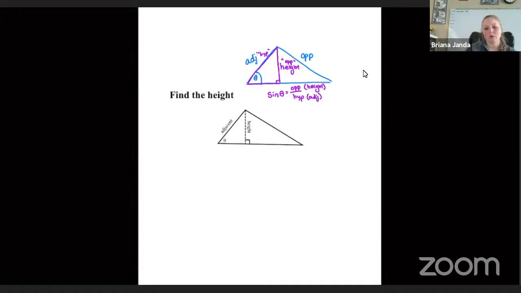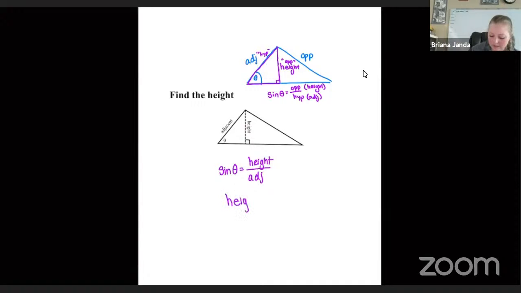So how do we find the height of our triangle? Well, it's that sine formula where your opposite side is really the height of the bigger triangle. Your hypotenuse is really the adjacent side. Solve for height. This is where this formula is coming from.